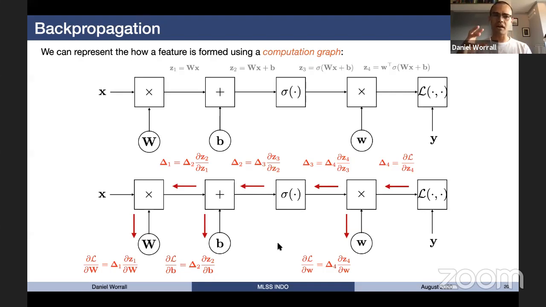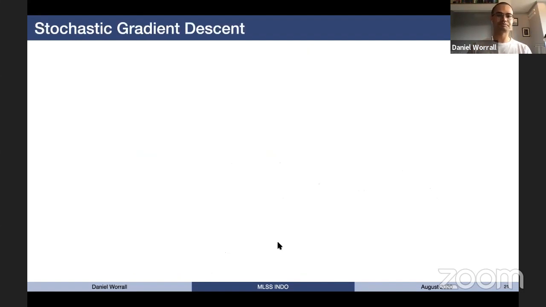And this is the game changer in neural networks. This made neural networks efficient to train back in the 80s, although some might argue you can make them more efficient. But this is basically the backbone behind all of deep learning, pretty much.